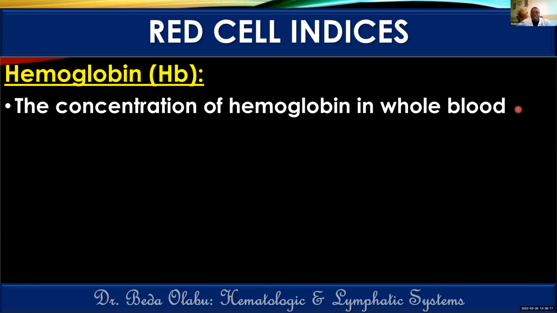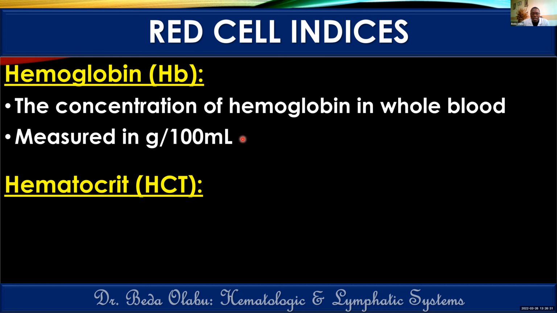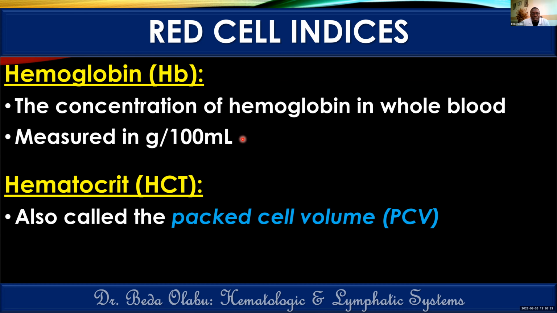This refers to the concentration of hemoglobin in the whole blood. We measure it in terms of grams per 100 ml of blood, or grams per deciliter of blood. Hematocrit is the other measure.